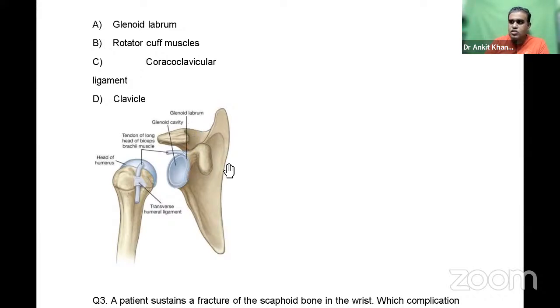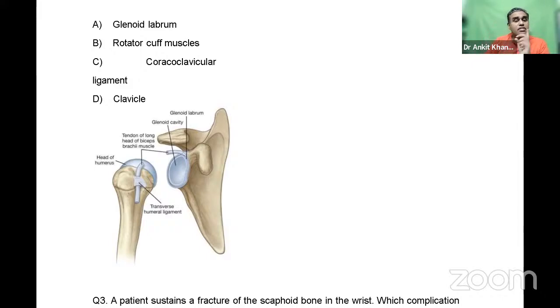So if there's dislocation, then obviously what is going to happen? First of all, there's going to be an injury to the glenoid labrum, because labrum is actually holding the head of the humerus. If the head of the humerus is dislocating, it has to somehow increase its force, which goes beyond the resistive force of the labrum.